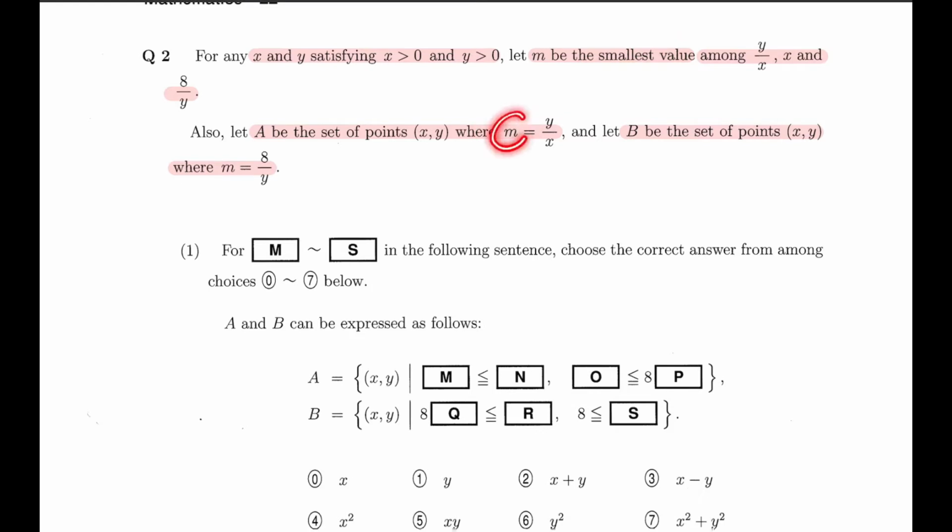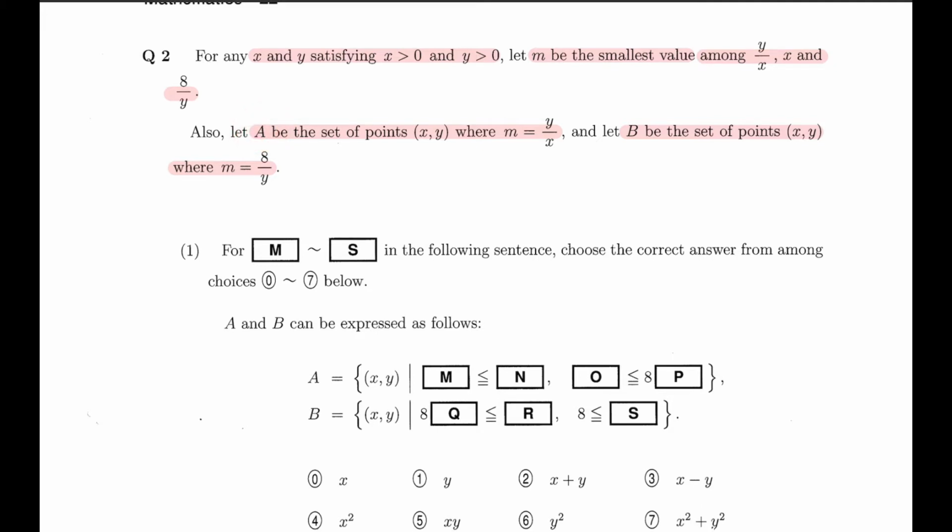When they say m is the smallest value, that means m, which is y over x, must be less than or equal to x and less than or equal to 8 over y. From those two inequalities, we will obtain the set of points (x, y) that satisfy A.